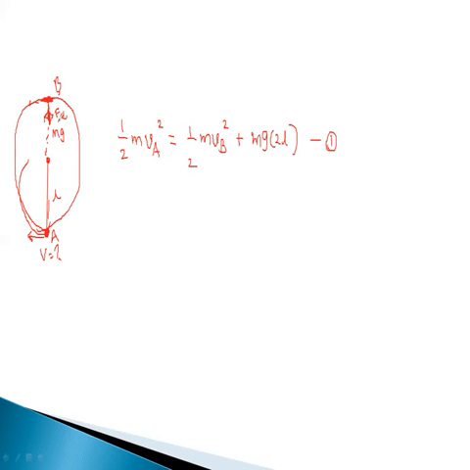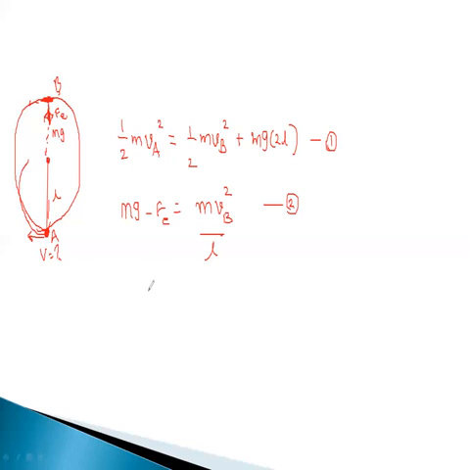The resultant of these two forces will cause a centripetal force. Of course, tension will be zero at the upper point. So we can write mg minus electrostatic force is equal to m v square by L, where the velocity is vB. This is equation 2.